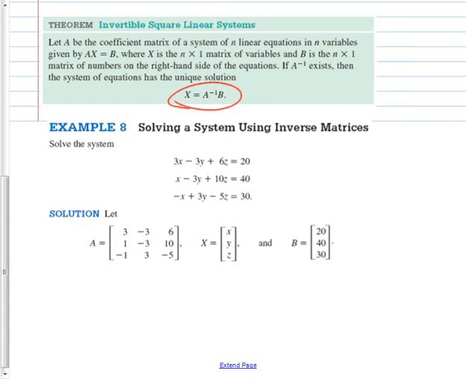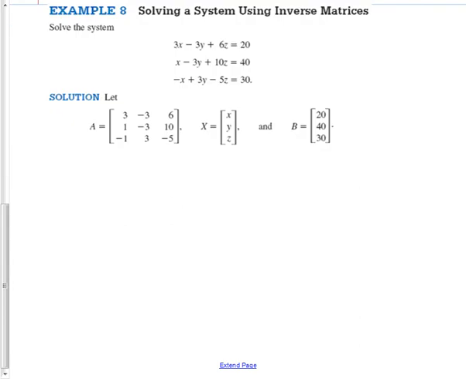Now notice, they've already written, here's the system. They made the A matrix, that coefficient matrix. There's the XYZ matrix. There's the constants. So we know to get the answer, we want to take the inverse of the A matrix and multiply it by this B matrix. Let's just enter in the A matrix and the B matrix. So start entering.